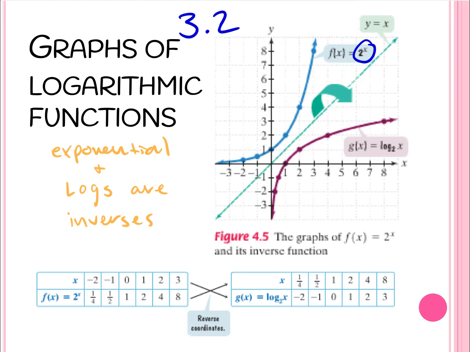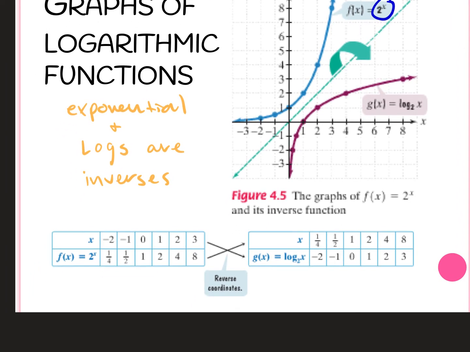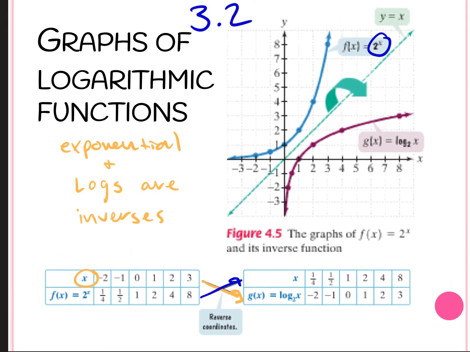When we talked about inverse functions this year, how we solved for inverses was we flipped the x and y. So the same thing works when dealing with exponential and log graphs. If I make my x's the y's and I make the y's x's, so just flip the x and y, that's how we come up with one graph versus the other.